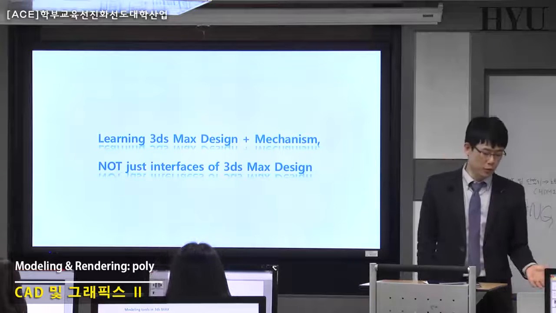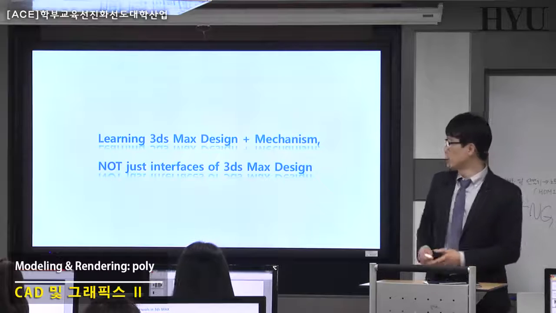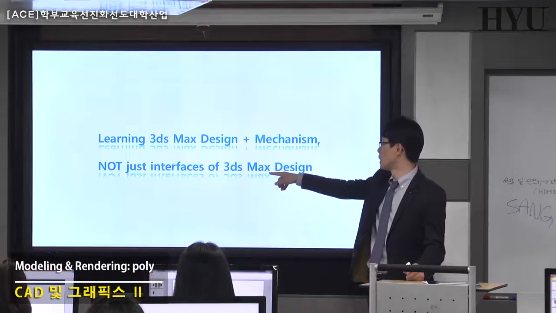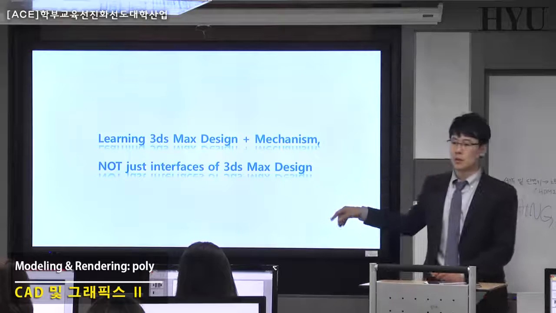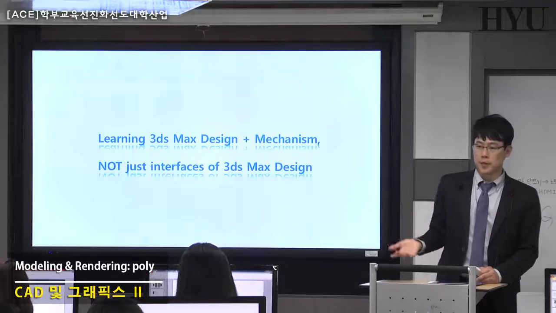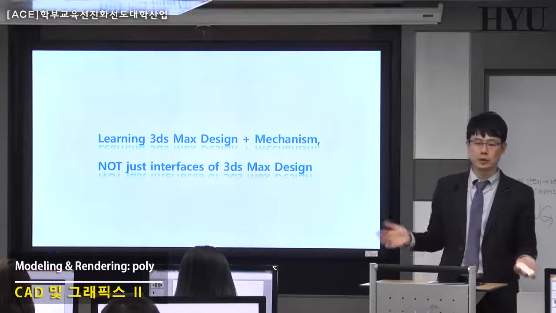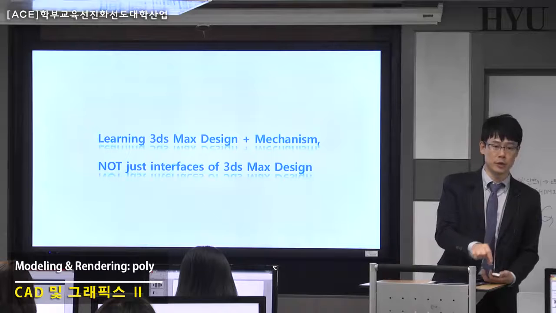Again, I'd like to show you this one. Learning 3D Max design and its mechanism behind the technology, not just the interface of 3D Max. You don't need to know the interface. You have to understand the mechanism behind the technology. How to create 3D geometry from 2D.